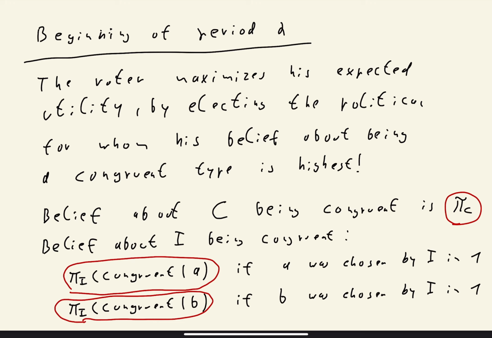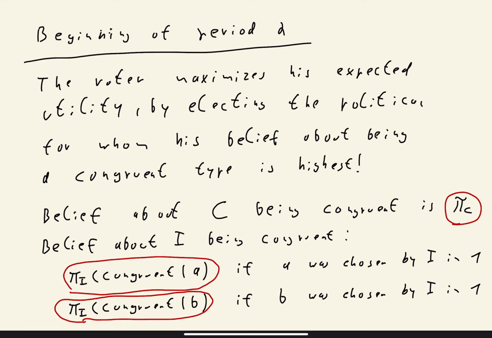And using Bayes' rule, we can now link these beliefs of the representative voter to the actions chosen in the first period and the general probability. This is called his ex ante belief about the incumbent being of a congruent type. This was given simply by pi I in the exercise description.